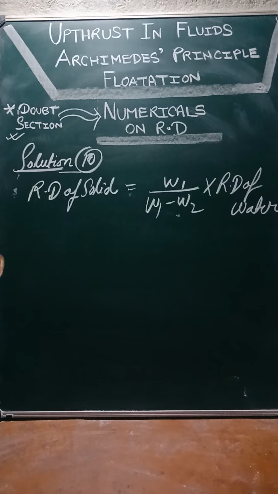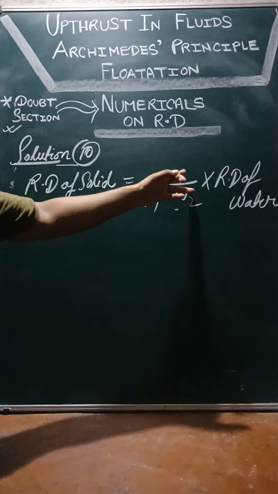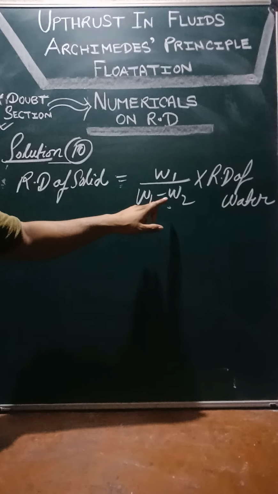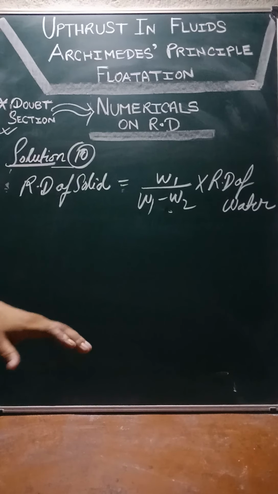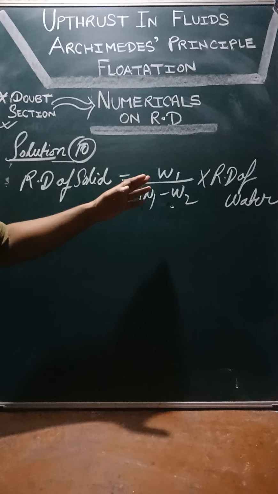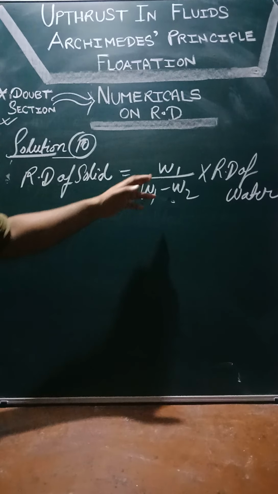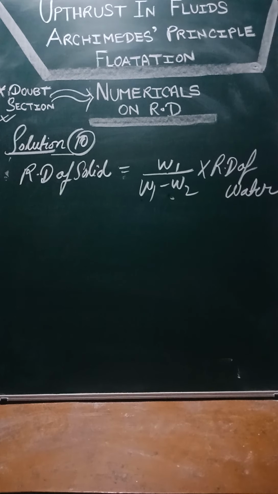So now, students, the formula again: relative density of solid is equal to W1 by W1 minus W2 into relative density of water. W1 is the weight of the body in air, and W2 is the weight of the body in water.